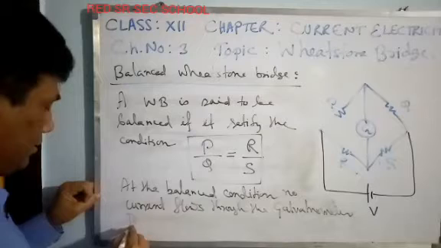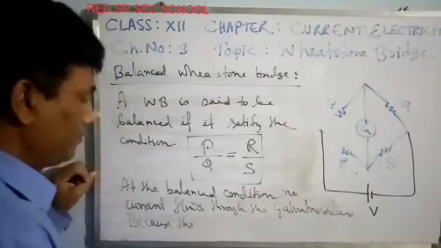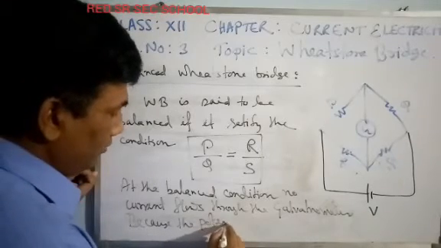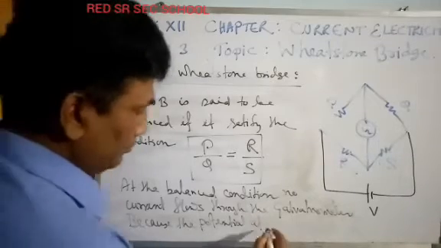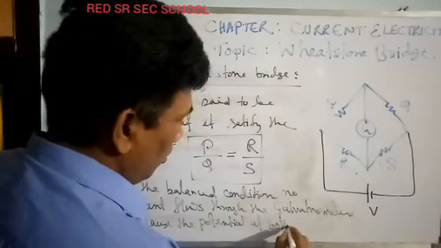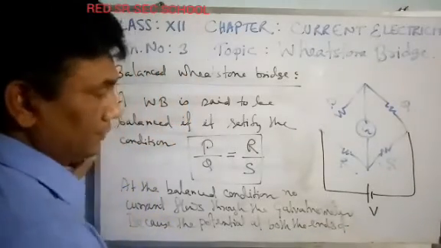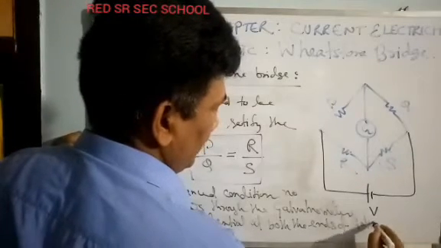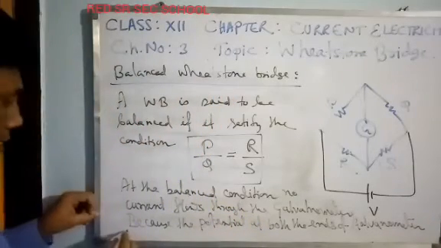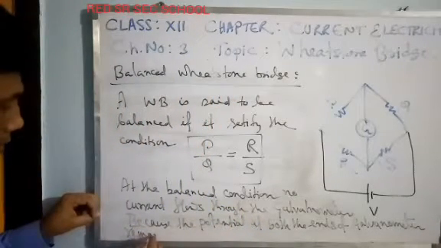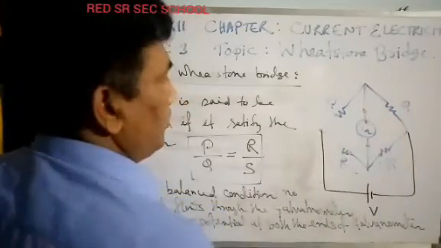Because the potential of both the ends of the galvanometer remains the same.